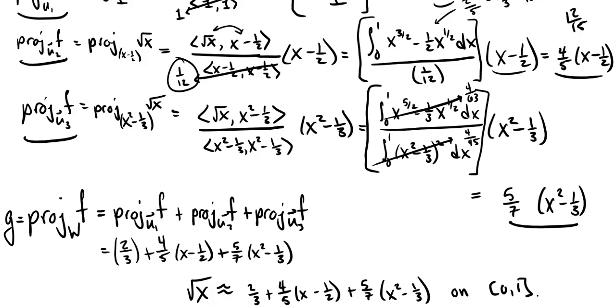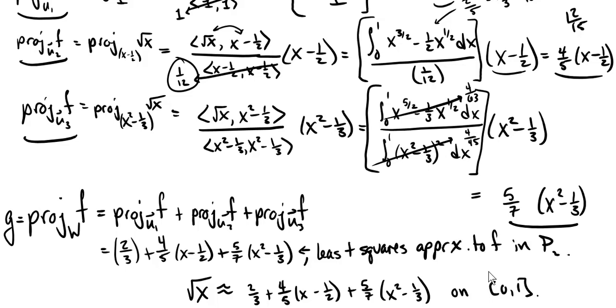This function will more closely resemble root x compared to any other square root function in the least square sense. This is the least squares approximation to f in P2. Great, that's just a quadratic. That's in P2.